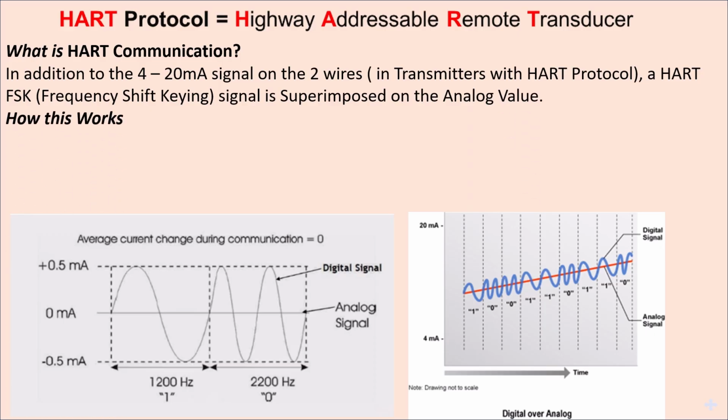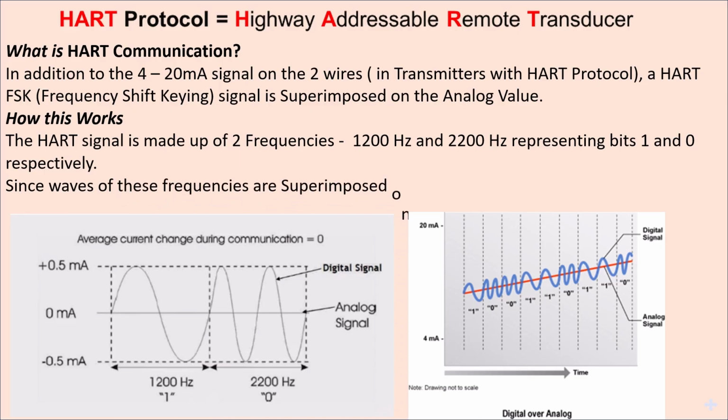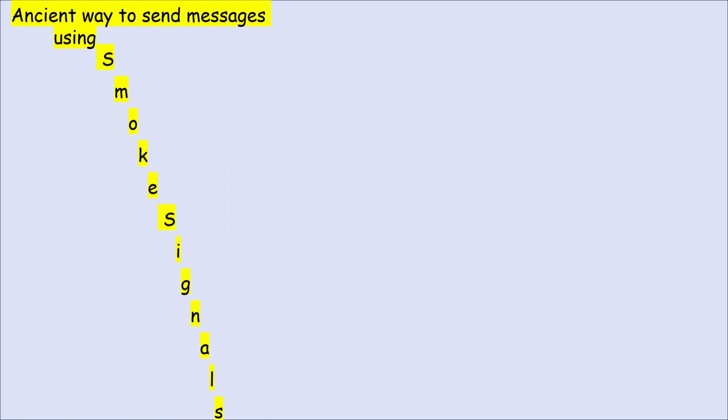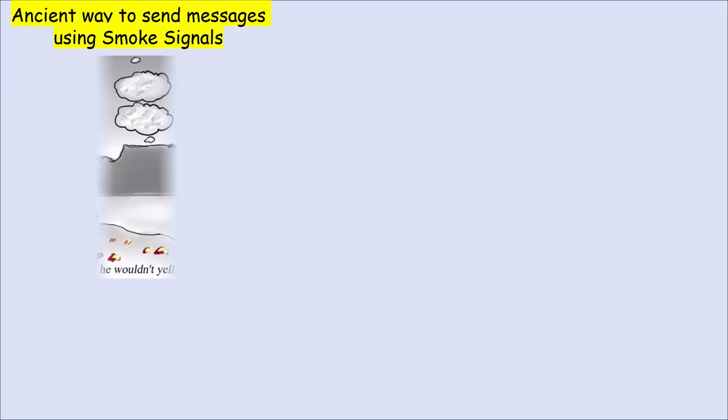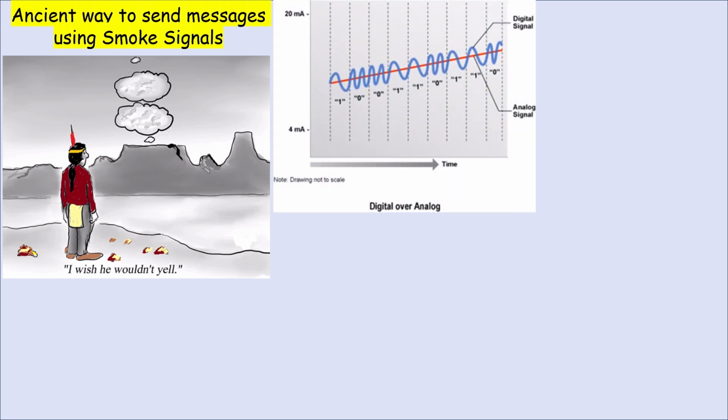How this works. The HART signal is made up of two frequencies, 1200 Hz and 2200 Hz, representing bits 1 and 0 respectively. Since waves of these frequencies are superimposed on the 4 to 20 milliamp signal as shown, this is a digital over analog signal.